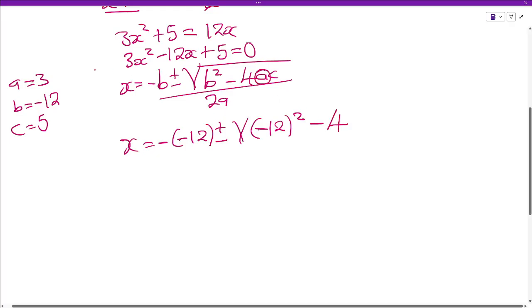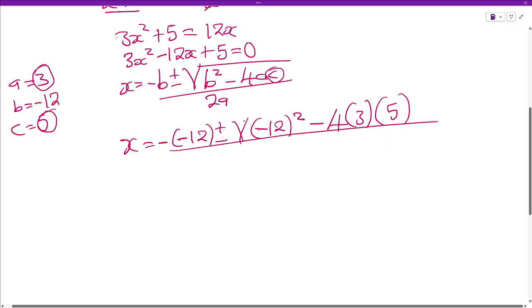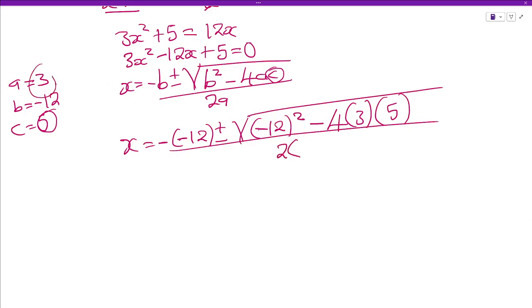Here where there is a, I check what's my a, it's 3, so I'll say 3, close, open. Here where there is c, I check what's my c, positive 5, close. Then here that's a square. Then 2, what is a? A is 3 right there.